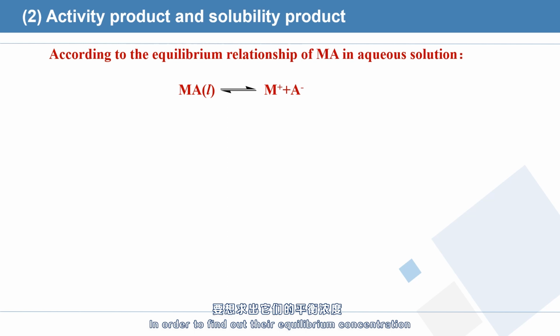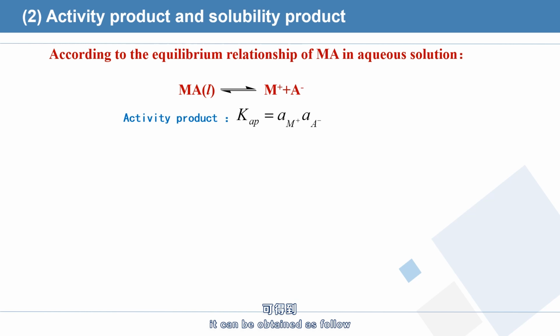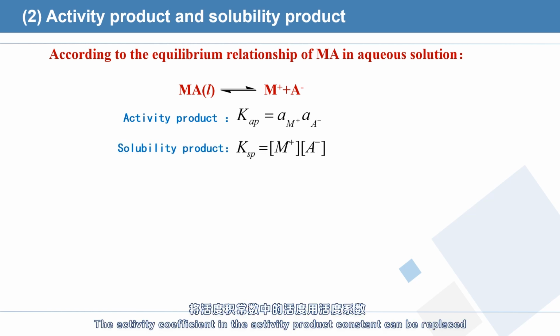In order to find out their equilibrium concentration, we need to resort to the activity product or solubility product. With the equilibrium relationship of MA in aqueous solution, it can be obtained as follows. The activity in the activity product constant can be replaced by the product of the activity coefficient and the equilibrium concentration.